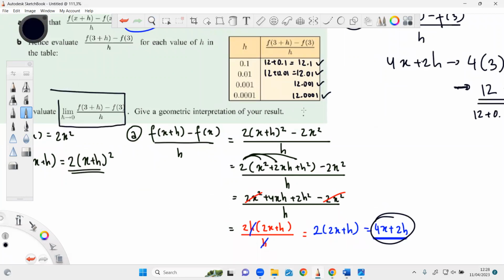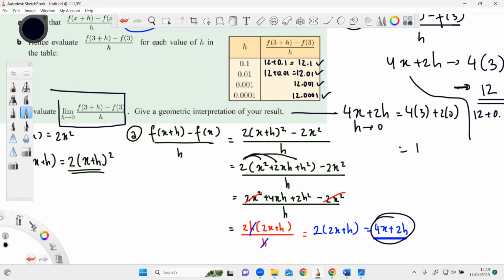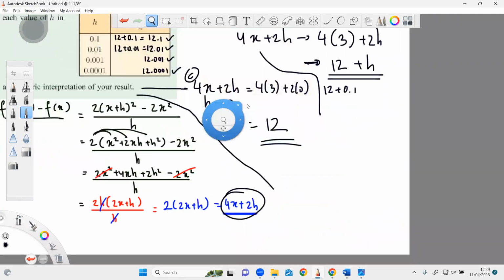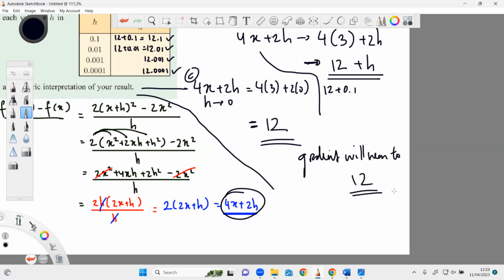So if h is near to 0, the value of 4x plus 2h is 4 times 3 plus 2 times 0, right? Which means the gradient is near to 12. So for part C, you can conclude that whenever h reaches near to 0, the gradient will be near to 12.